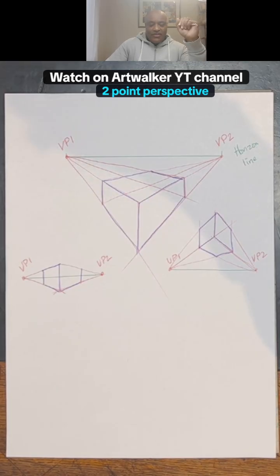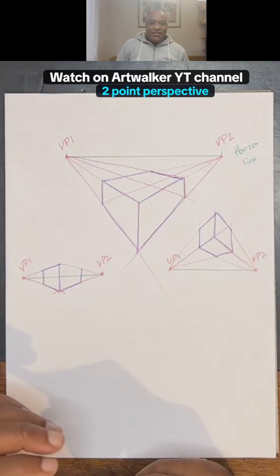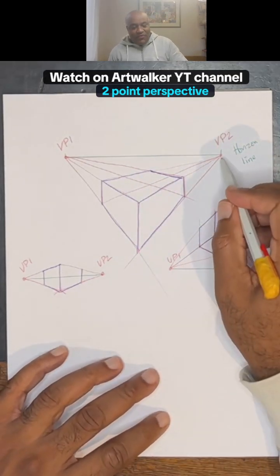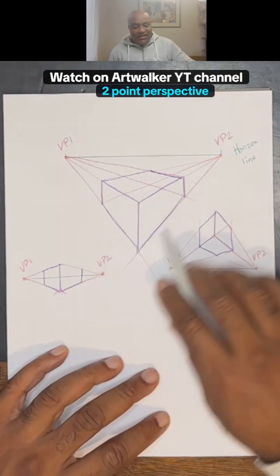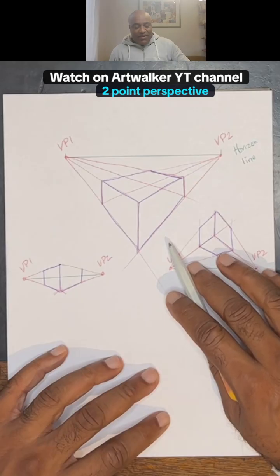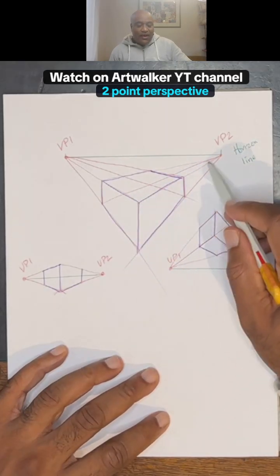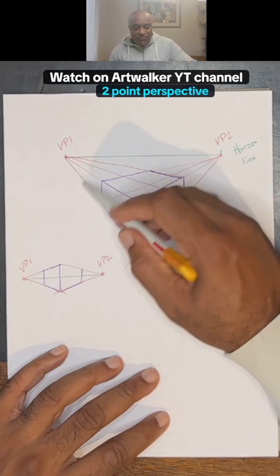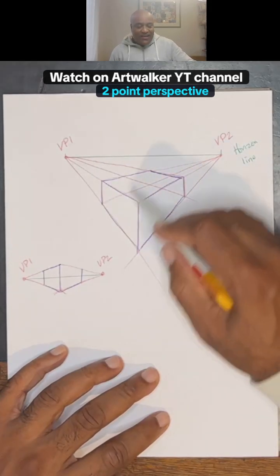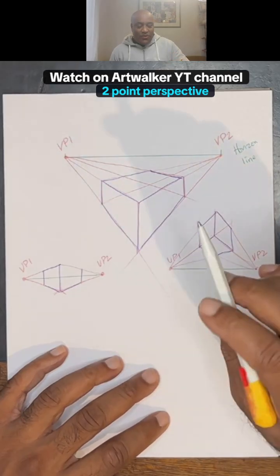Right, good question. Say for example, we're going to work on these images here, right? If you imagine you were drawing with a pencil, you would actually rub out all of these guidelines, right? So that's how you would do it.